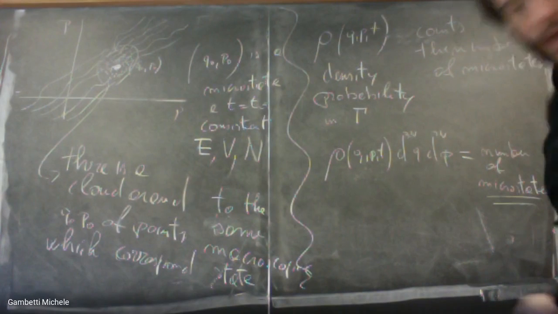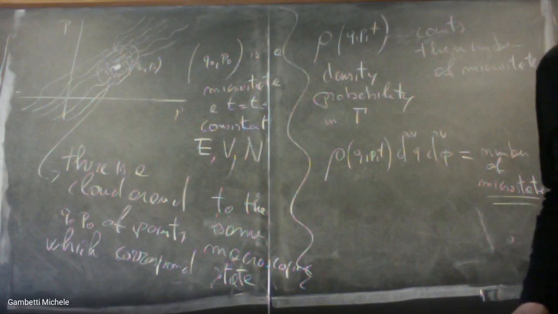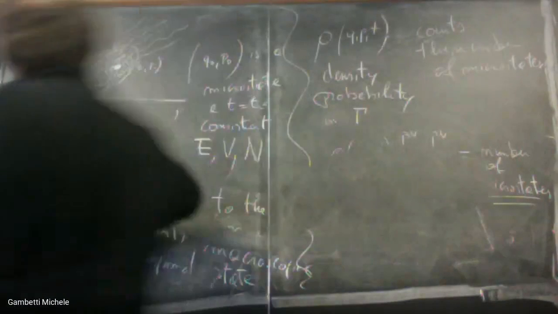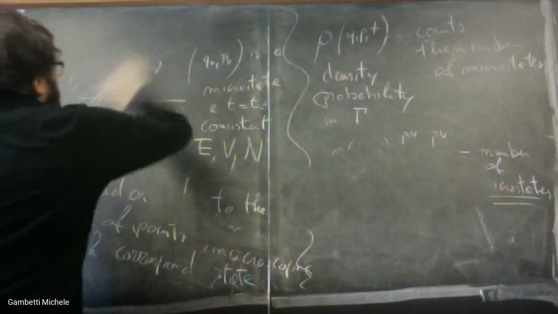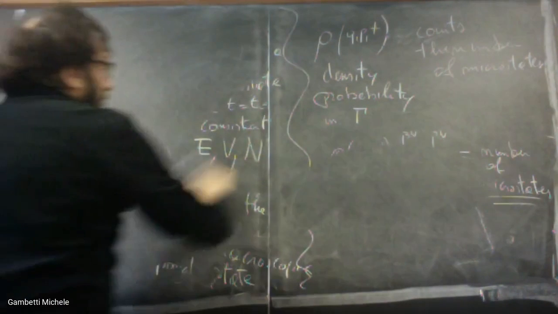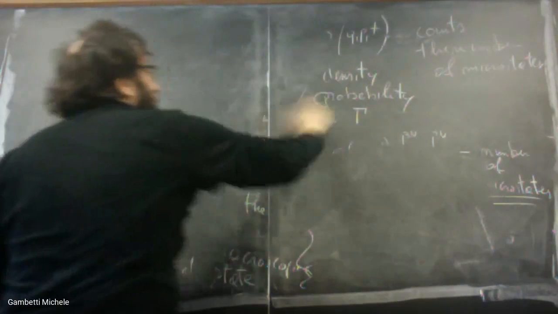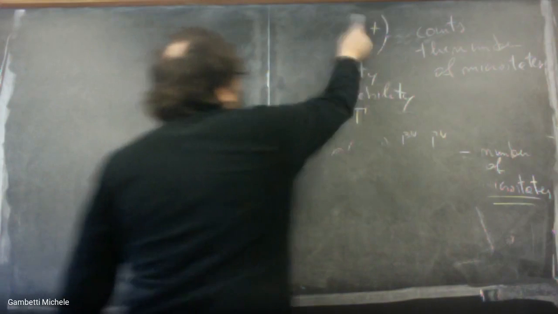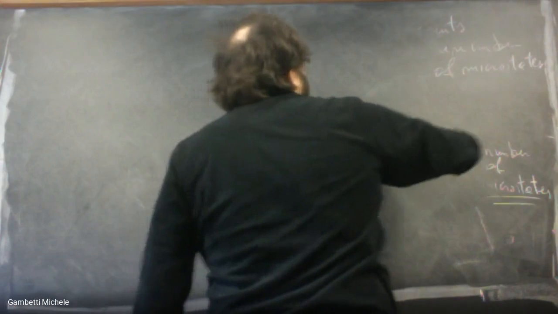Now we can try to do what was the initial idea. The initial idea was to somehow remove this time dependence when dealing with an observable, and actually average over a certain set of microstates.